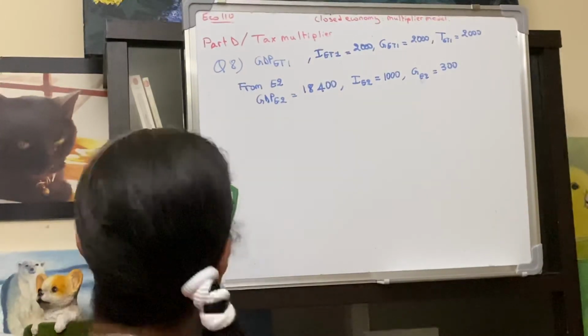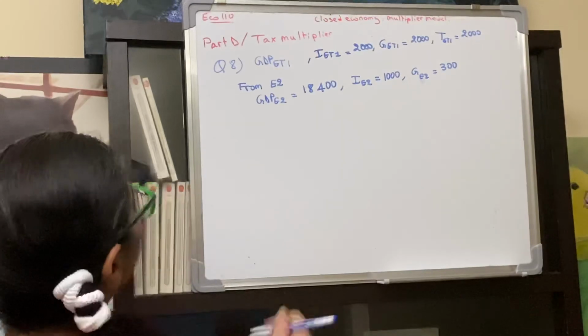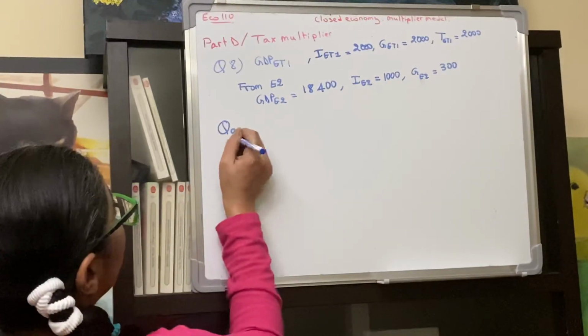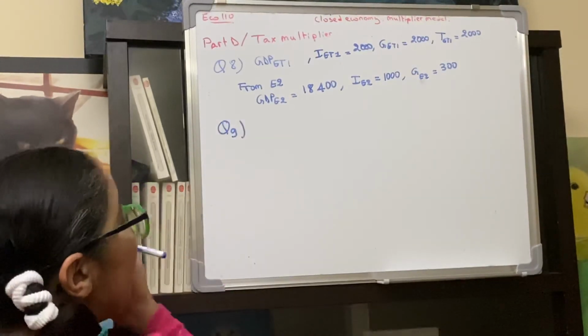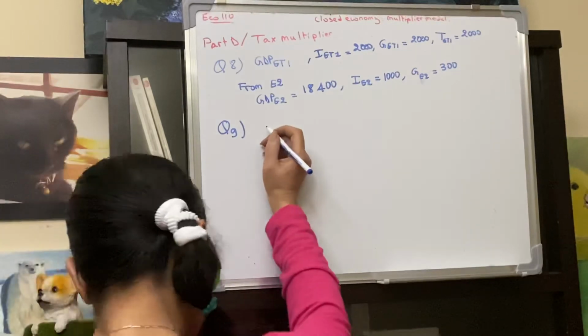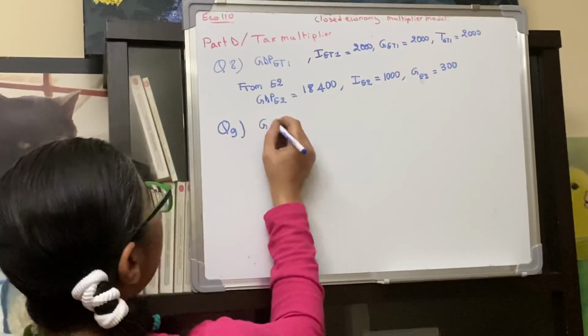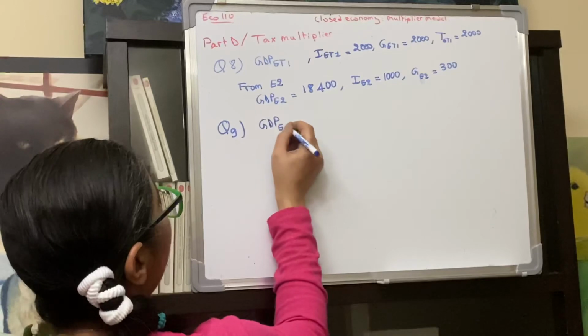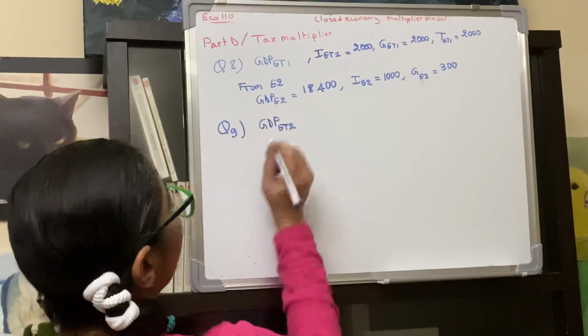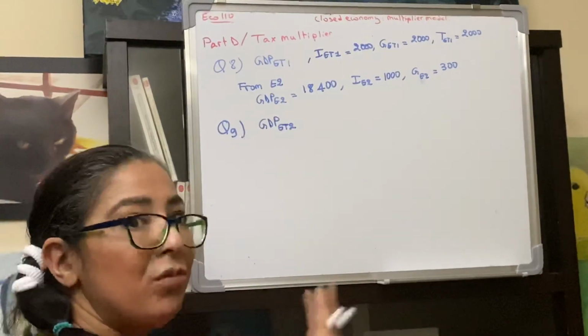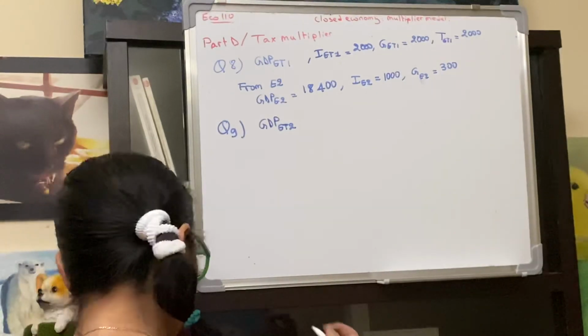Done for this one. Now question 9. It's simply determine GDP at ET2. Now you're going to have to find the difference in tax.